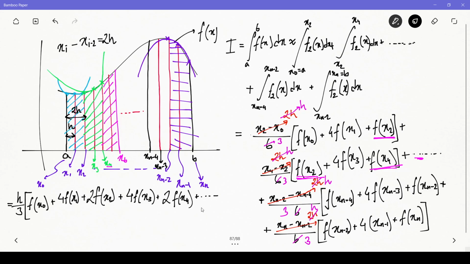These terms over here are enough to understand the pattern. Okay, let's try to write the last few terms, which is these two terms.